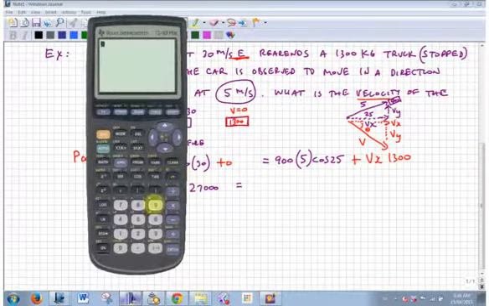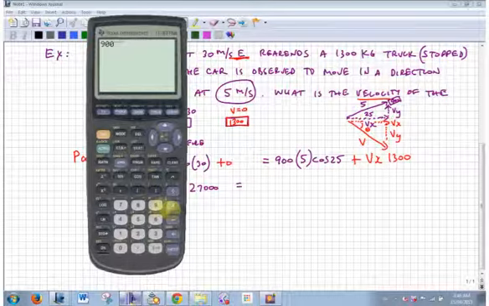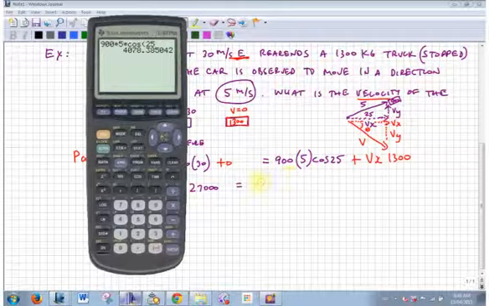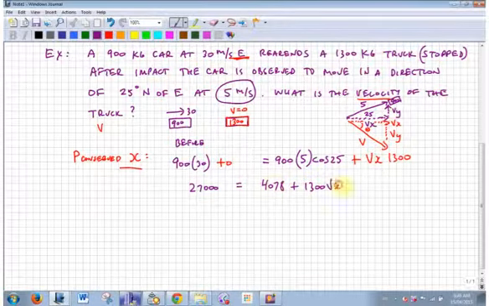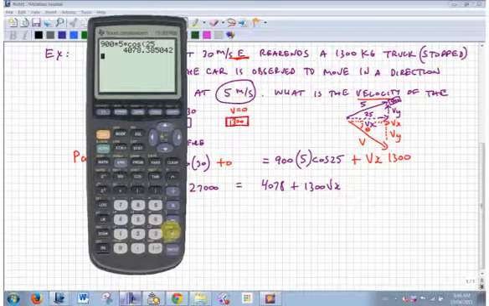Is 4,078. I think we can just round that to the nearest whole. And 1,300 Vx. So minus that from both sides. Don't divide.